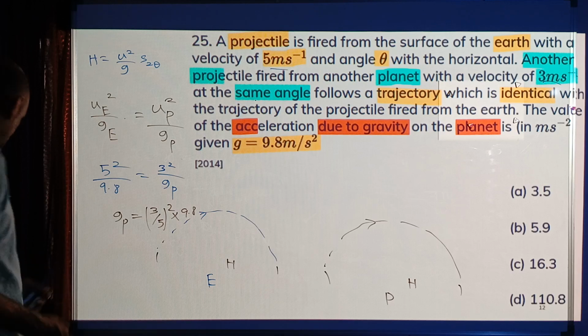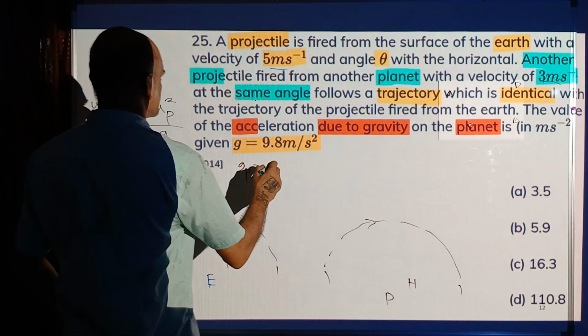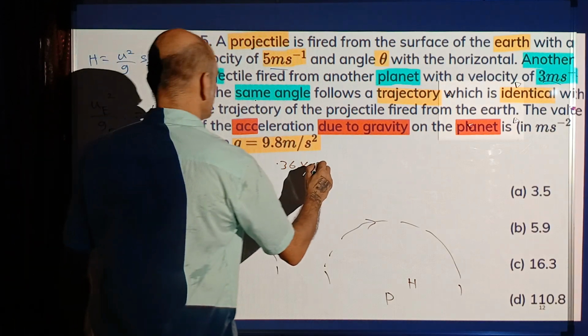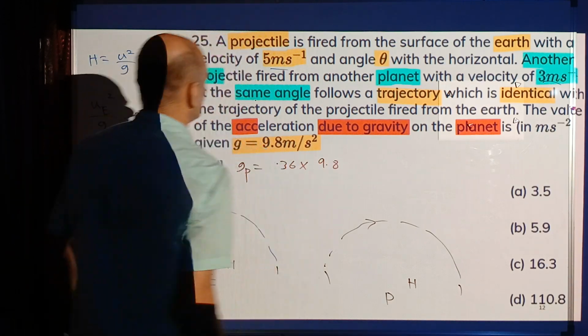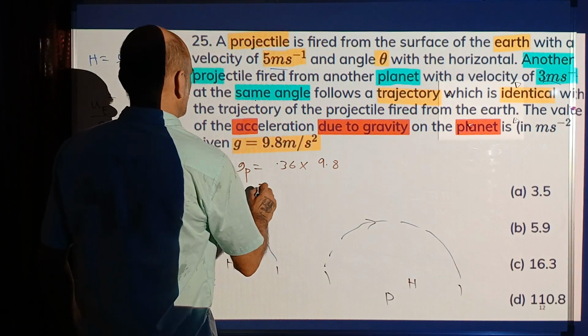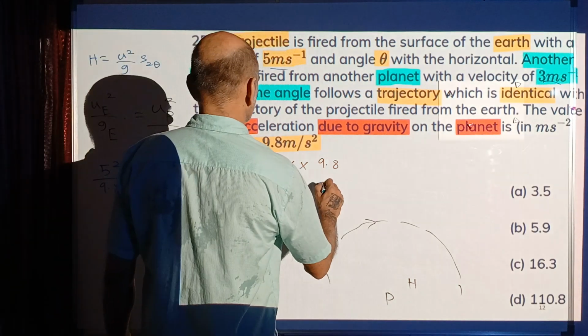So to do this calculation, 3 by 5 is the same as 6 by 10, so it's 0.6. 0.6 square is 0.36 into 9.8. So 9.8 I can write as 10 minus 0.2.